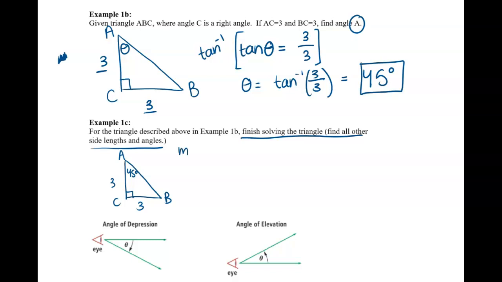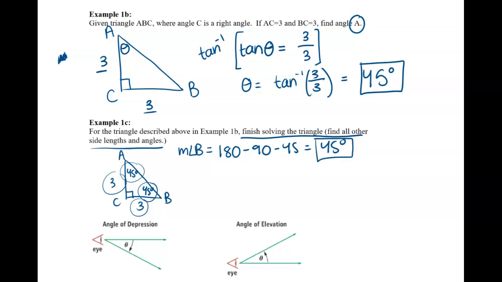Finding the measure of angle B should be easy enough. The sum of the angles in a triangle is 180, so we can do 180 minus 90 minus 45, which is 45. So this other angle is also 45 degrees, which makes sense because if this is 45, side opposite is 3. This is also 45, side opposite should be the same. So that's part of it.